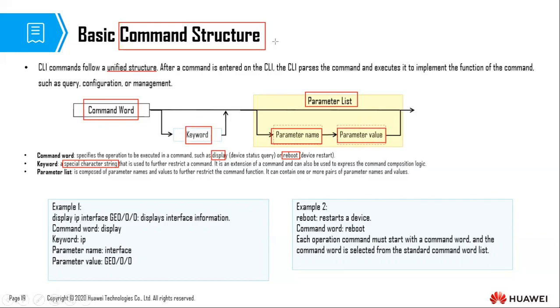Now let's look at an example: display ip interface GigabitEthernet 0/0/0.